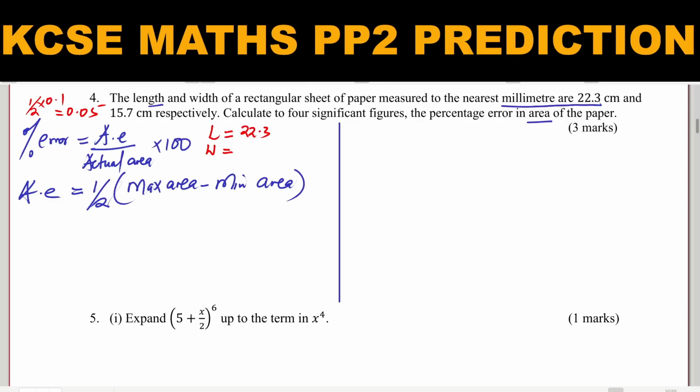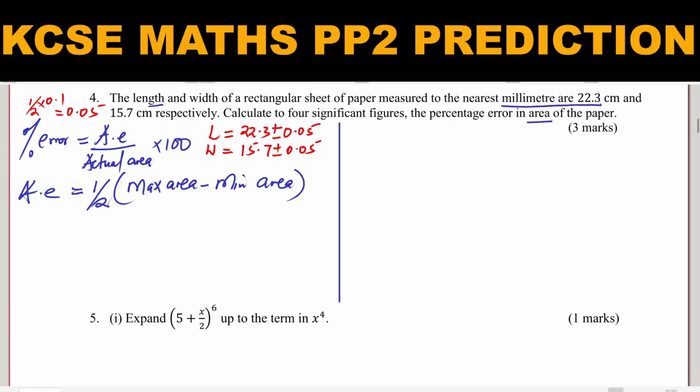To get the limits, for example for the length, you add and subtract, so it will lie between 22.3 plus or minus 0.05. The width, the same, 15.7 lies between plus or minus 0.05.